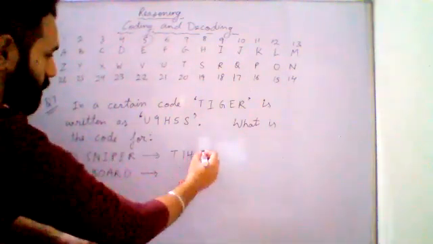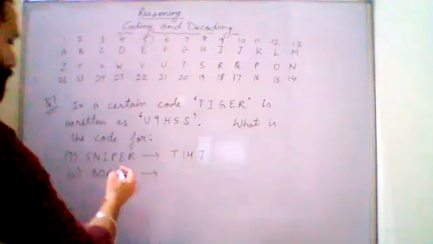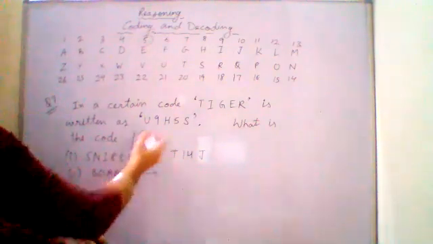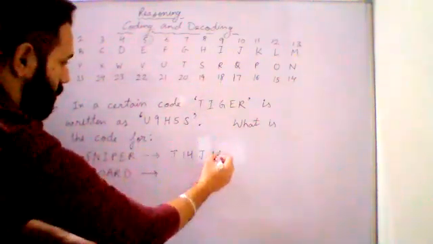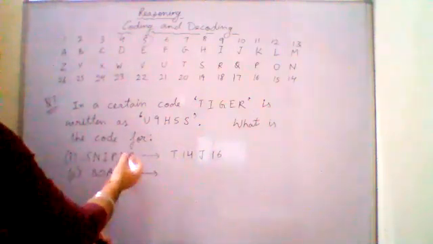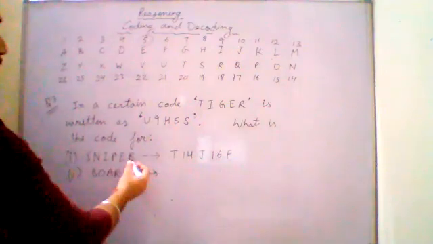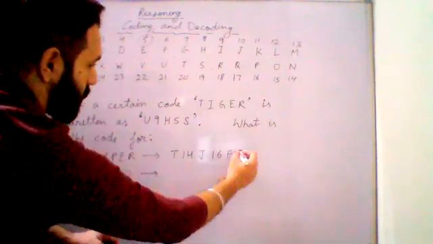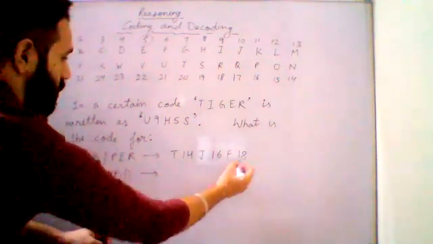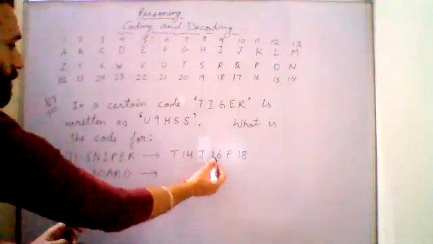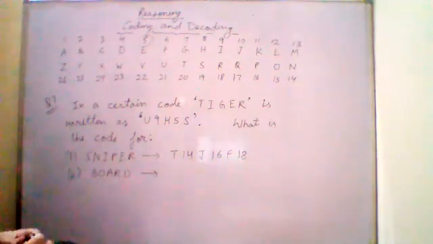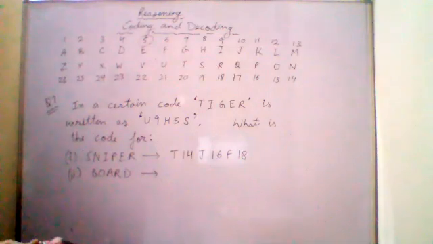I, the next letter after I is J. Then for P, you will write the number, which is 16. E, the next letter after E is F. And R, you have to write the number for R, which is 18. So your answer is T14, J16, F18. This is the answer for the first one.